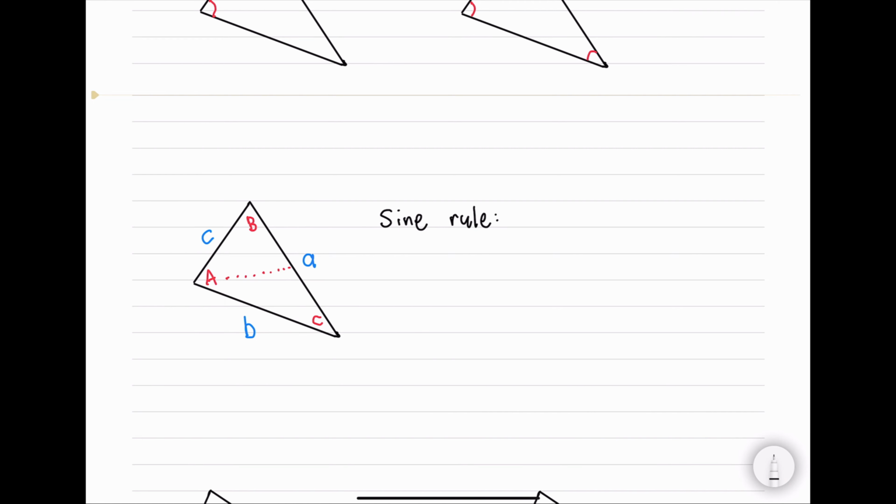The sine rule can be split up into two equations. It depends on which unknown you have or which value you want to calculate. So you can write it like this, or C over sine C. But you can also rewrite it as follows.